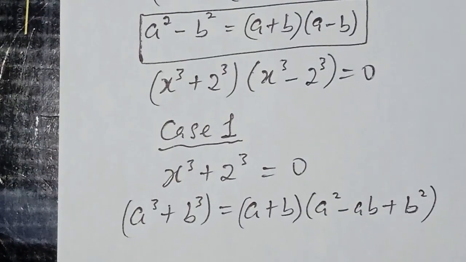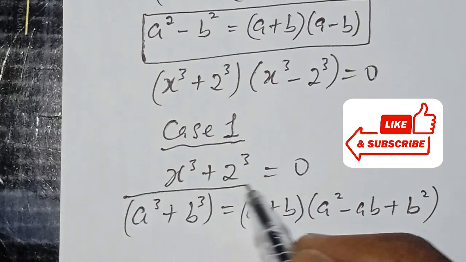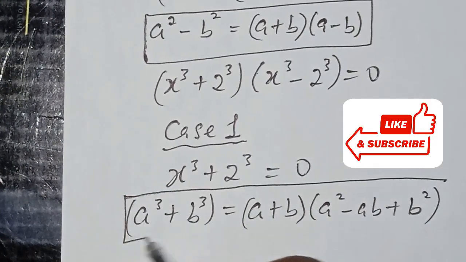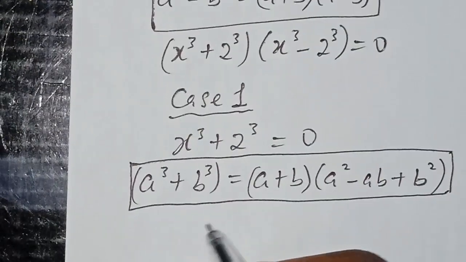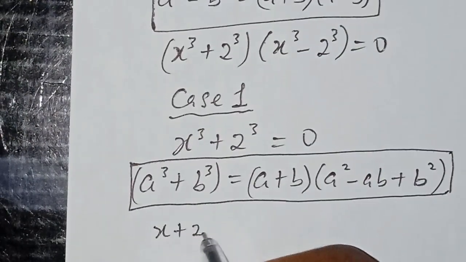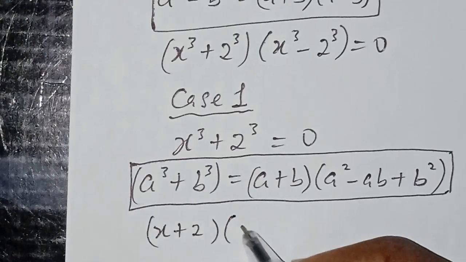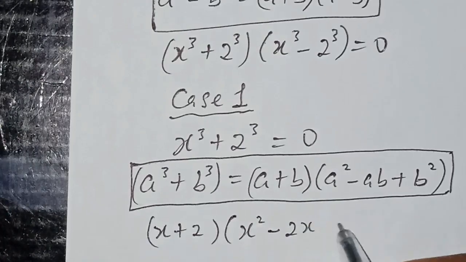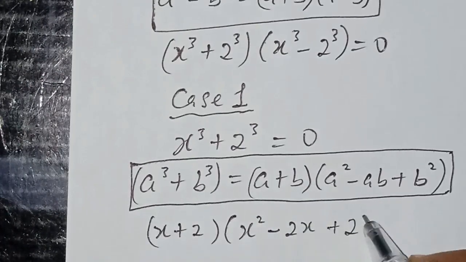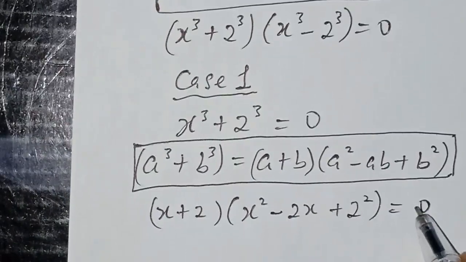So here we can now rewrite this expression using this identity. This will now be given as x plus 2 into bracket x power 2 minus 2x plus 2 power 2, everything equal to 0.